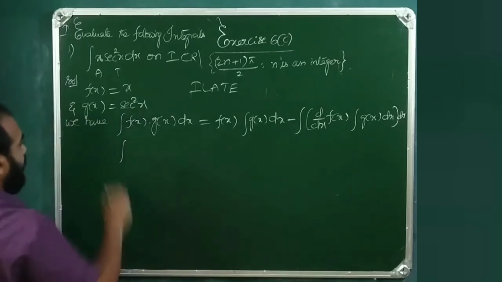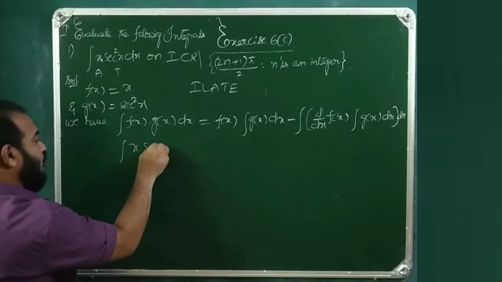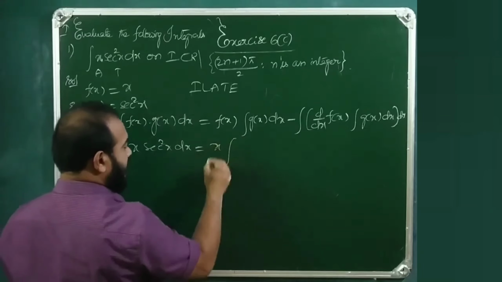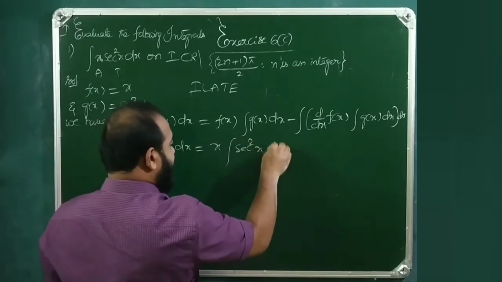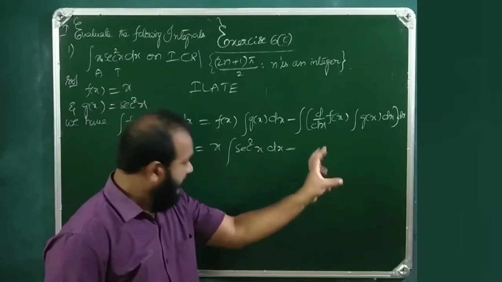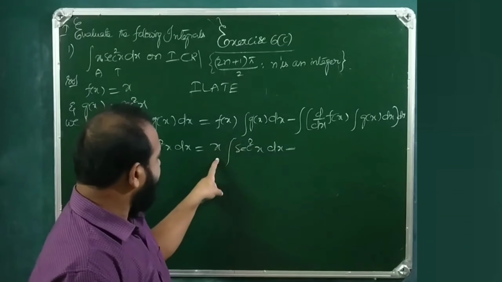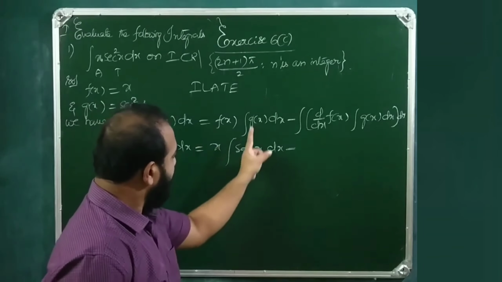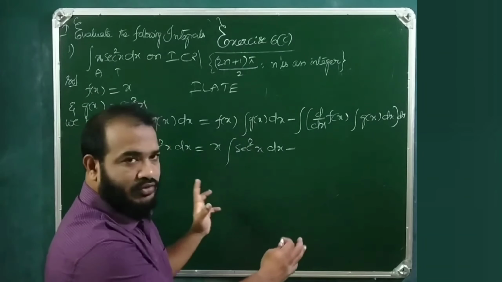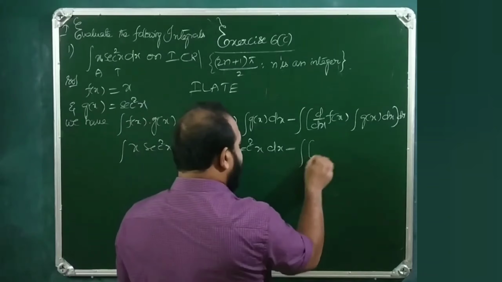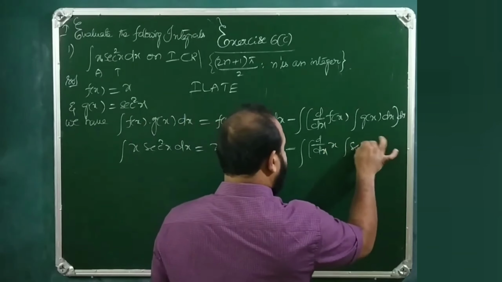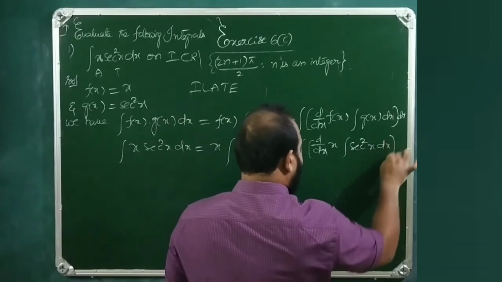Now, x secant square x dx is equal to f of x, which is x, into integral secant square x dx. All that I'm doing here is just to plug in x in the place of f of x and secant square x in the place of g of x. Just substituting here: minus integral d by dx of x into integral secant square x dx whole dx.